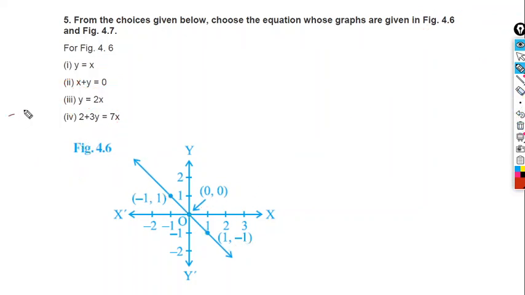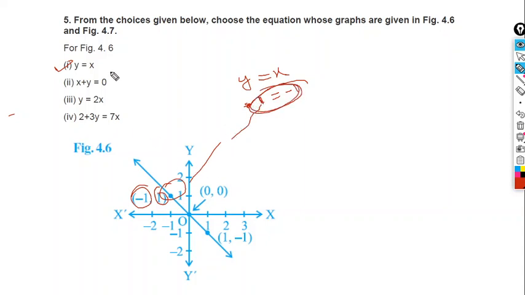Let's start with the first one, y equal to x. Let's take the first point, that is minus 1, 1. So x equal to minus 1, y equal to 1. We put the value of y as 1 equal to minus 1. Is it satisfying? It's not satisfying. That means this equation is not satisfying this graph.